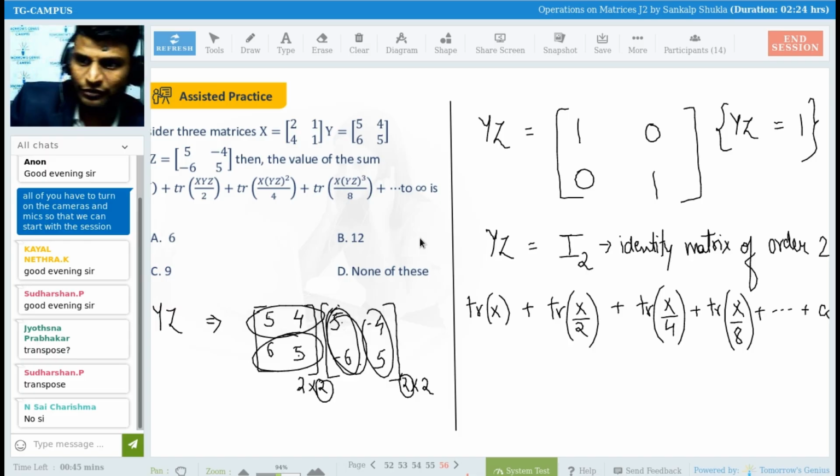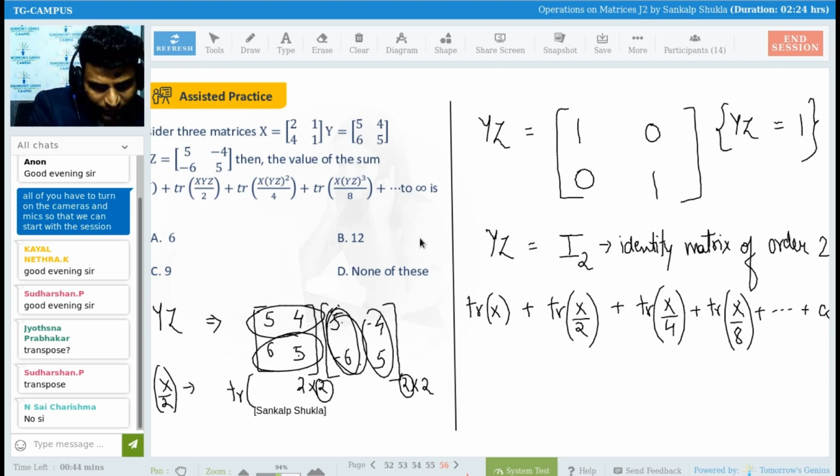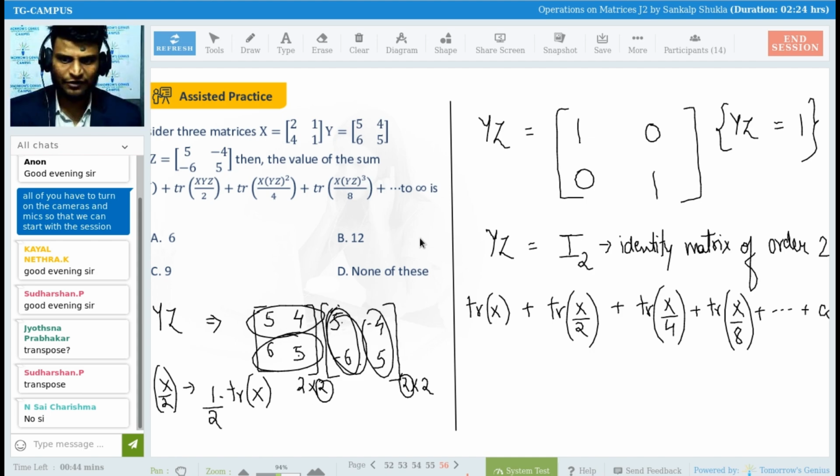Yes. So now the question is not completed yet. Now there was this property of the trace of a matrix. When I told you about the trace of matrices, I also told you that if X by 2 is there, and you have to find the trace of X by 2, you can find the trace of X only, and then you can multiply the entire number by 1 by 2. Okay, this is the property. So this will save your time.